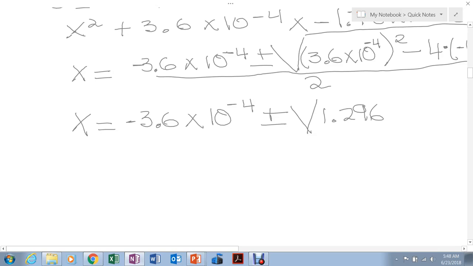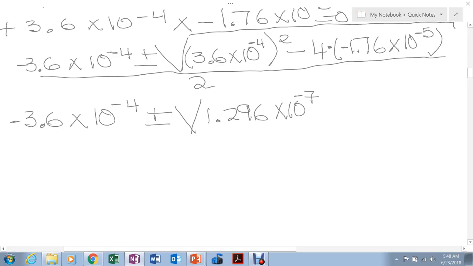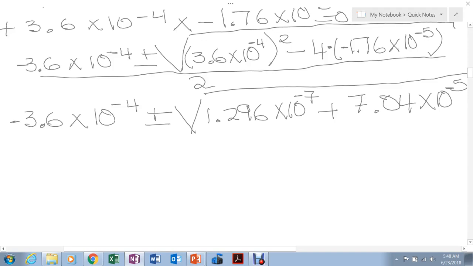this, it's 1.296 times 10 to the negative 7, and here minus and minus gives you plus 7.04 times 10 to the negative 5. And this is basically this, almost, because this is too small. But anyway, let's do it. Meaning that when you add this, it's almost this quantity, because this is to the minus 7 and this is to the minus 5.